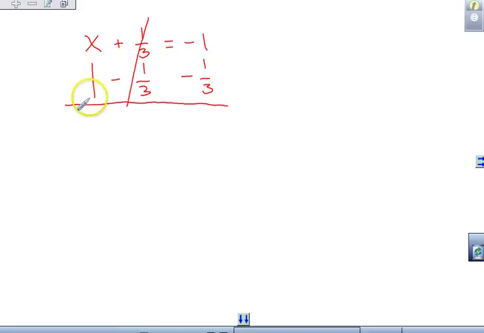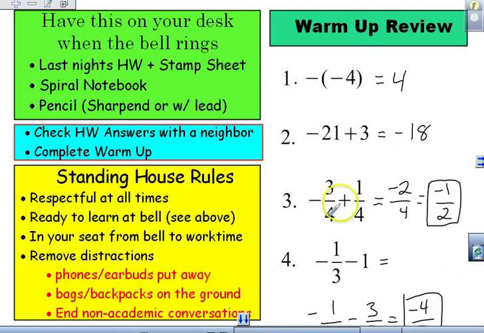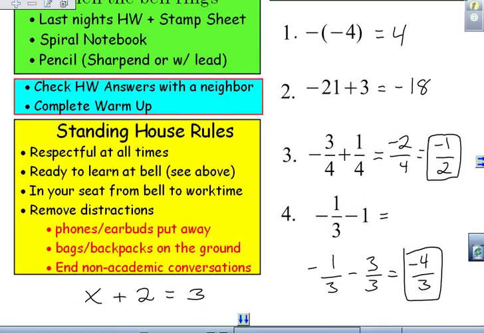And format-wise, you're going to bring down an x exactly below where it is. You'll bring down an equal sign exactly below where it is. And then you'll do the arithmetic. From the warm-up, we already have what the answer is from here.